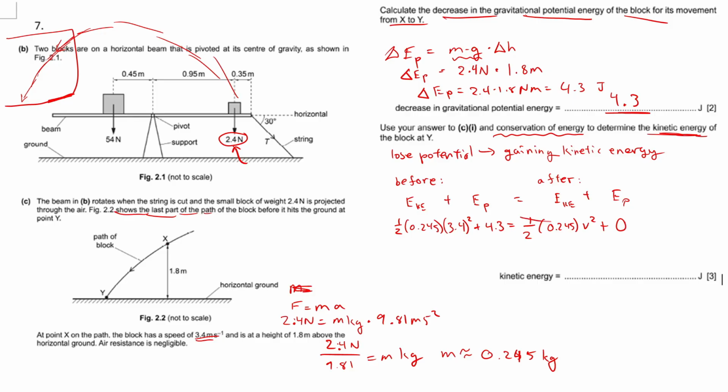So we don't even need to set this equal. We just need to find this sum. This is because although we have our kinetic energy, we know that our potential is 0.